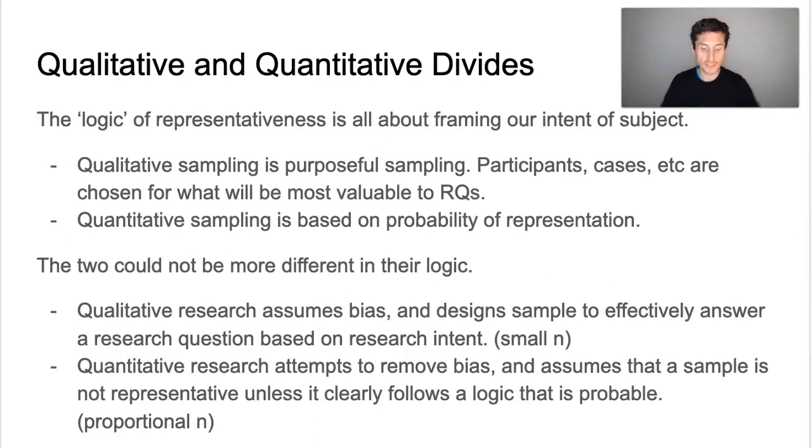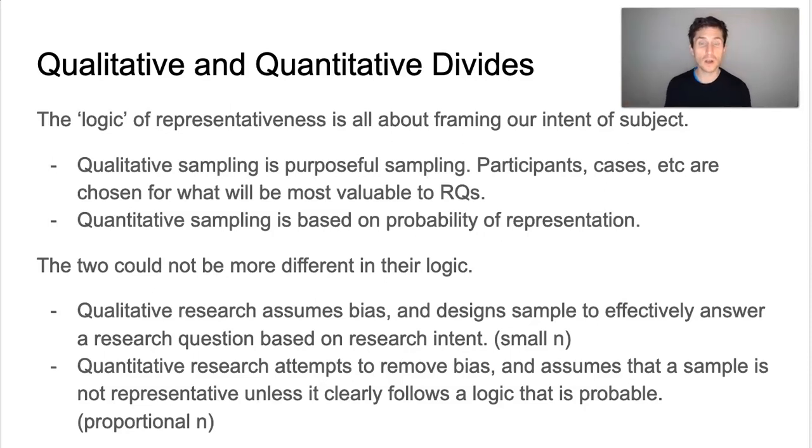Okay, so let's jump back then to thinking about sampling from a qualitative and a quantitative approach. So what we're doing, as I said in our kind of introduction to sampling, is looking for a population's representativeness. And we can think about this as kind of a framing of our subjects, such that in qualitative sampling, what we're looking for is a purposeful way to assemble that subsample or that subpopulation.